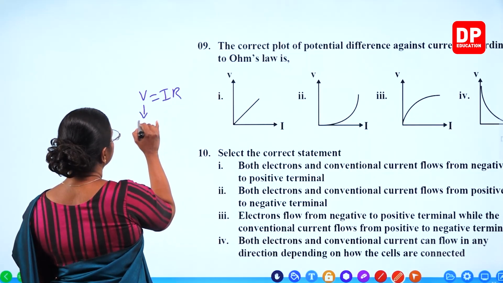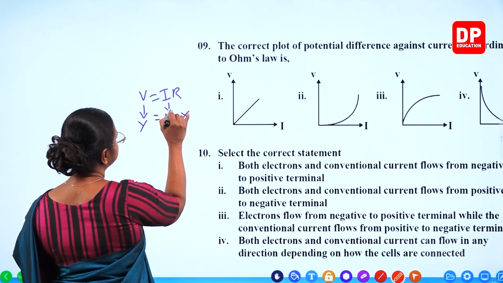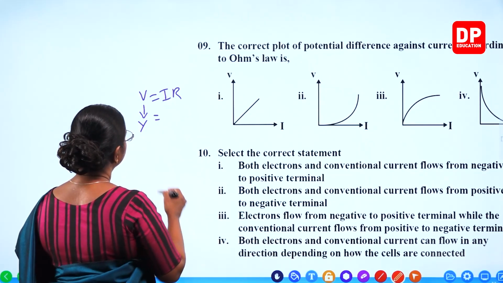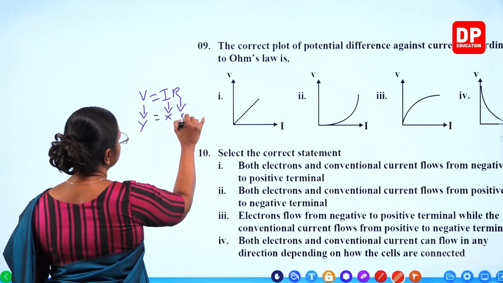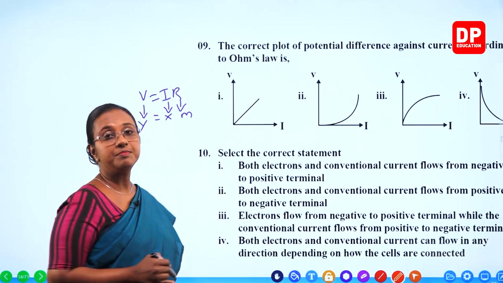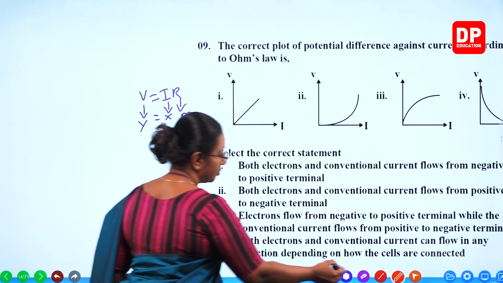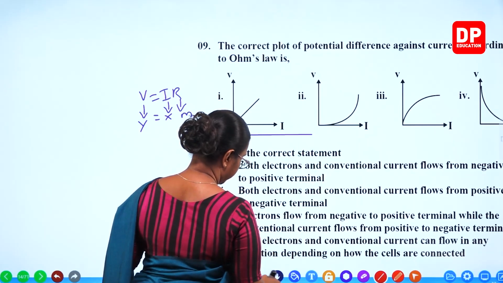This is like y equals mx. So here I is x and R is m. So you get the gradient m, that is the resistance of the conductor. So the correct answer is the first answer.